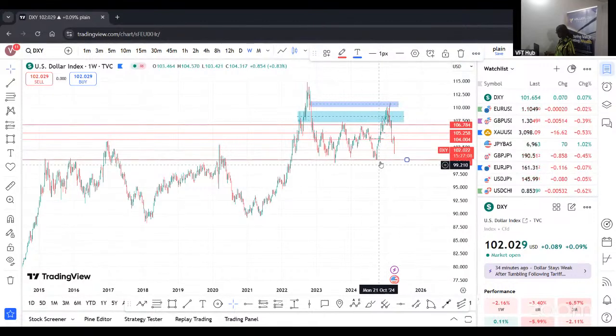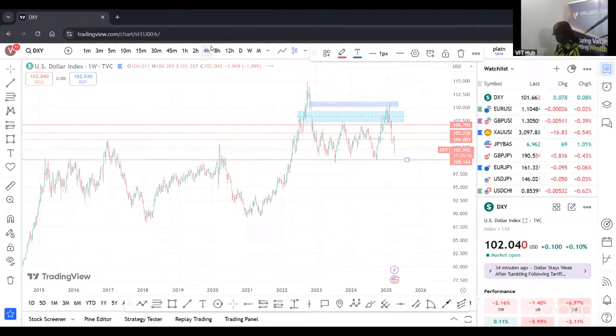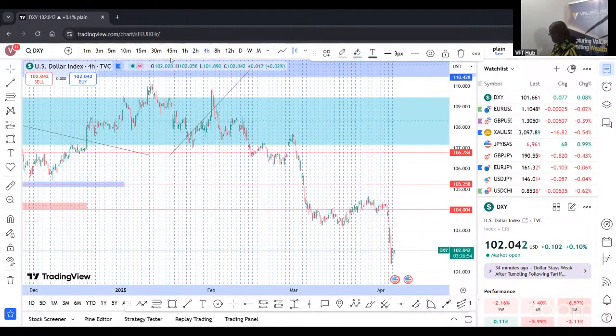Price should trade all the way and clear this very low at 100 spot 164, right? So that's where price is coming to. Price is coming all the way to that very weekly low.